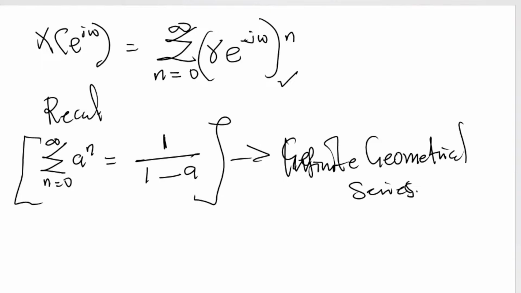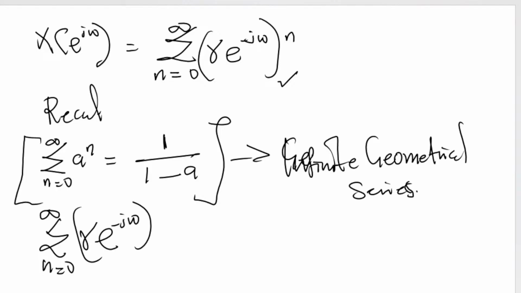Are we together? So if we are to represent what we have here with this equation, we'll simply have that sigma n equal to 0 to infinity of r raised to the power of exponential minus jw, all in bracket raised to the power of n, will now be equal to 1 divided by 1 minus, in place of a, we are representing a with everything here, such that your a now will be r exponential minus jw.